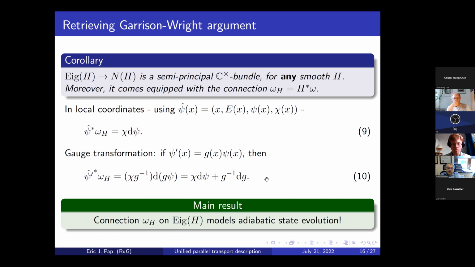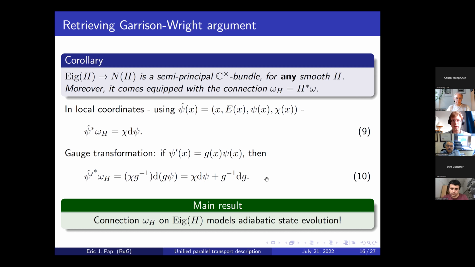So all in all, we have one of the main results of the work, namely that this bundle with the connection omega H really models adiabatic state evolution. So it does cyclic states, non-cyclic states, and you can even put the dynamical phase in if you want.